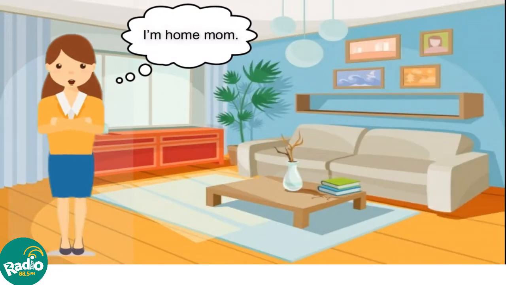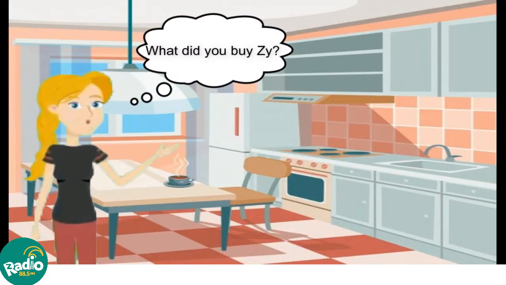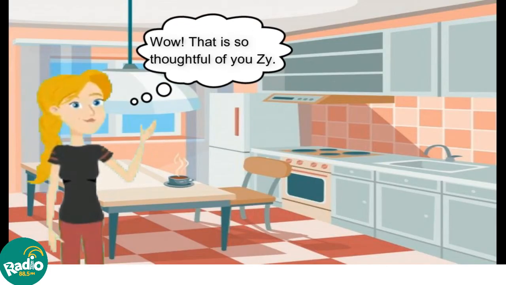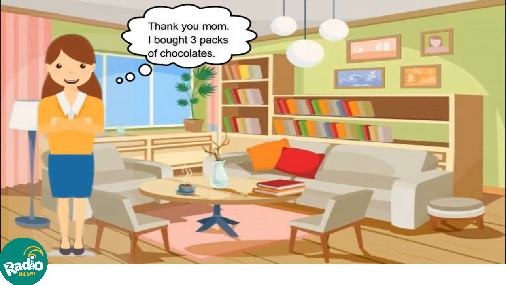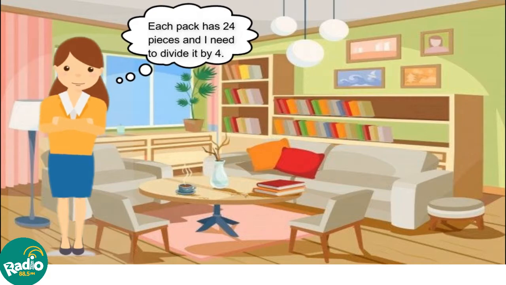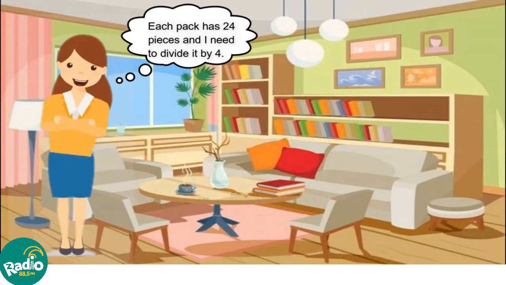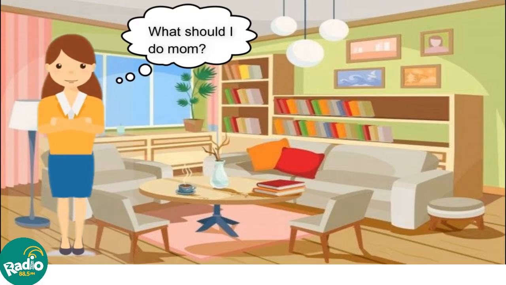I'm home, Mom. What did you buy, Zai? I bought some chocolates, Mom. I wanted to give something for my friends. Wow, that is so thoughtful of you, Zai. Thank you, Mom. I bought 3 packs of chocolates. Each pack has 24 pieces, and I need to divide it by 4. What should I do, Mom?